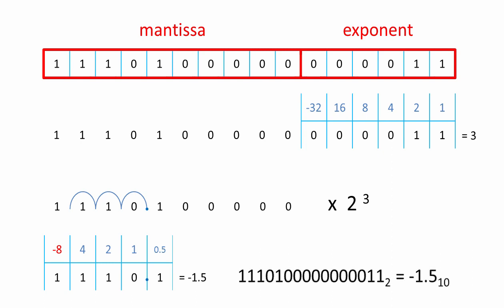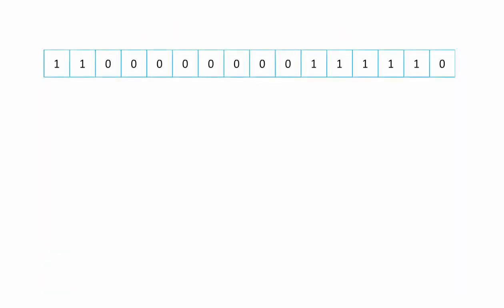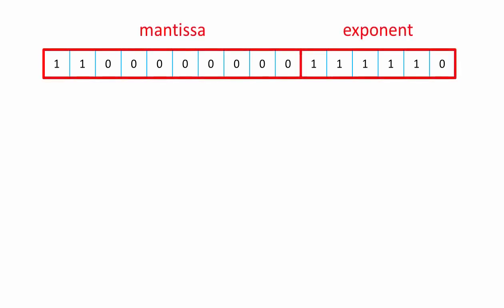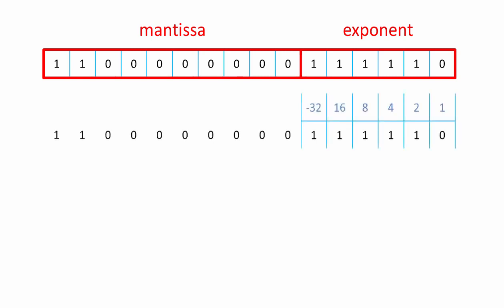And one more example. This time the mantissa is negative, which means that the value in the register is negative, and the exponent is negative as well, so the binary point will float to the left. Convert the exponent into denary. We have -2, so we have something times 2 to the power of -2.